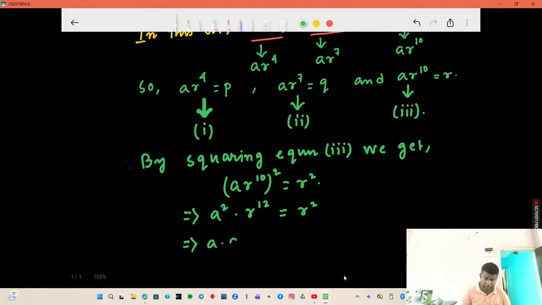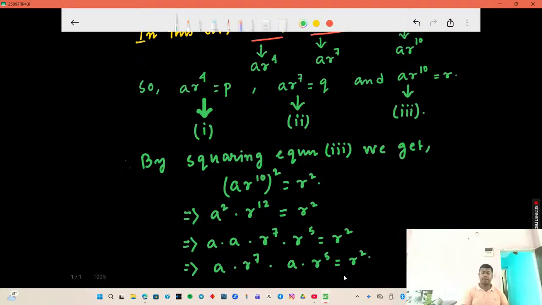A into r to the power 7 into A into r to the power 5 is equal to r square. I have just rearranged this equation.